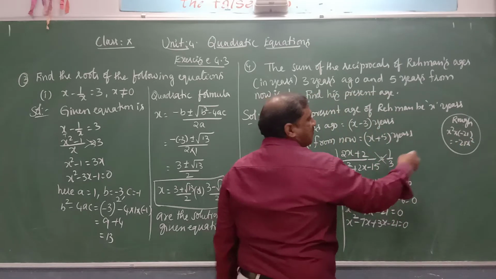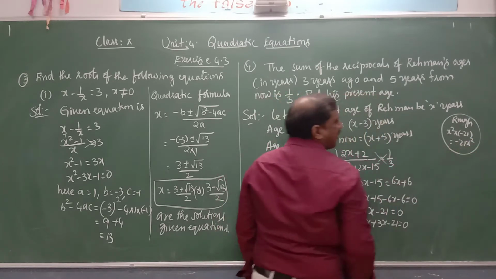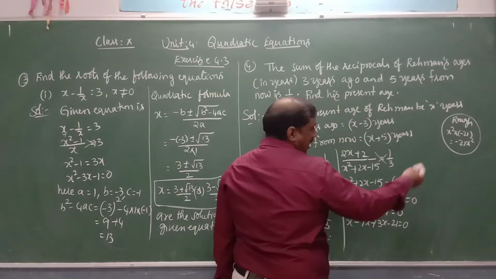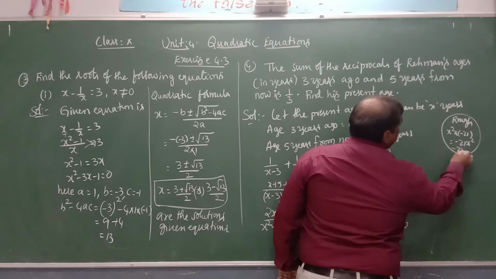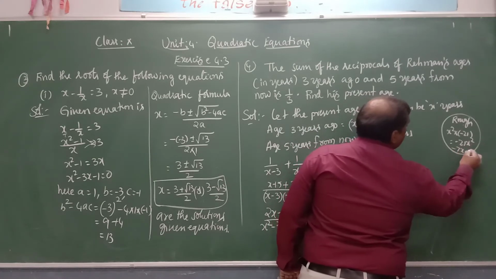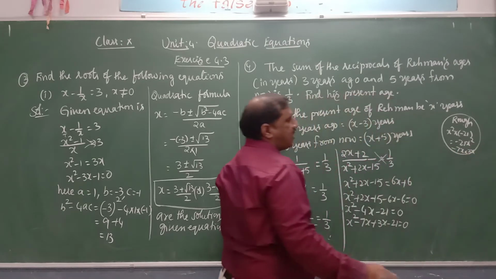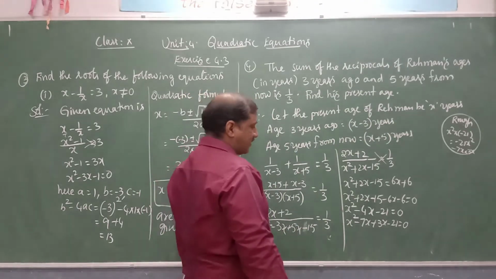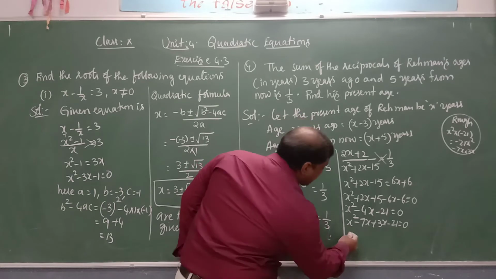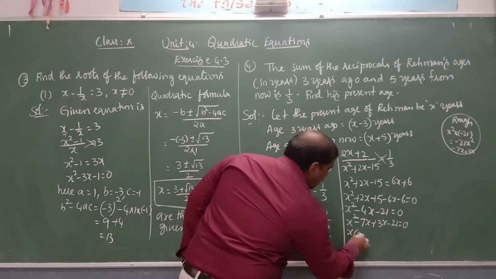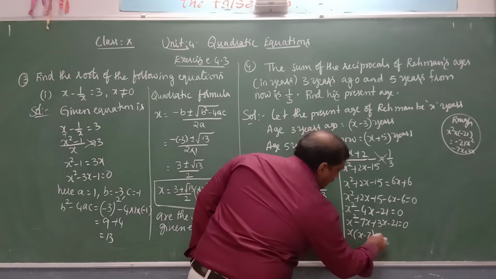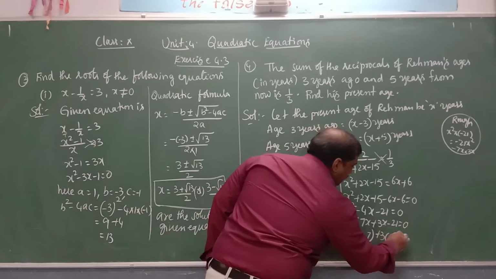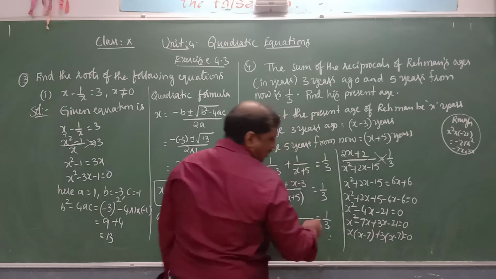So finding the product factors for minus 21, I am taking minus 7x into 3x, we will get minus 21x square. Now from this take x common, then what is left is x minus 7, and here take 3 common. 21 we can write as 3 into 7, therefore it is x minus 7, equals 0 we got.